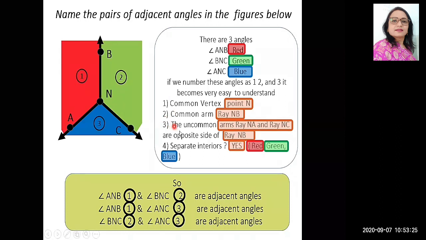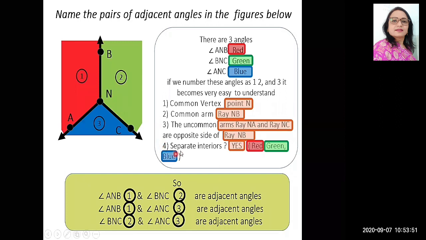Third condition, the uncommon arms. The uncommon arms are on opposite sides of the ray NB. रे NB के opposite side में कौन सी rays है? Ray NA and ray NC are on the opposite sides of the common arm NB. So the third condition is also fulfilled.